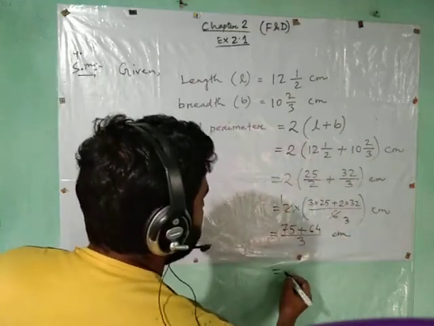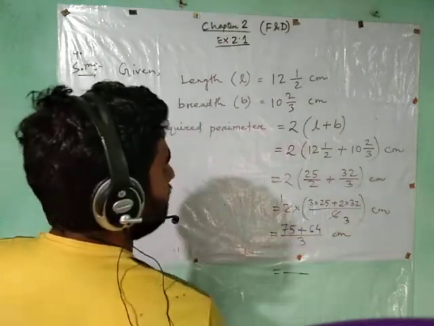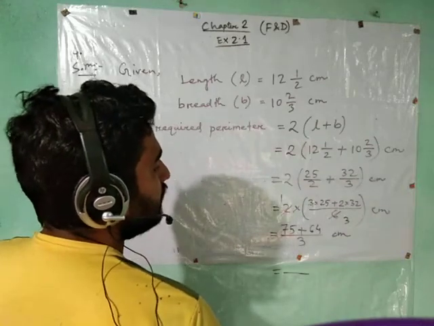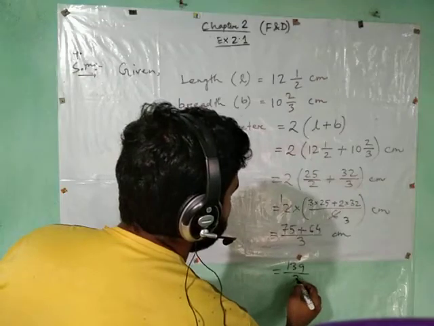Now what will be your answer? It is not exactly the answer yet. Now if we add them, how much will you get? 70 plus 60 is 130, 130 plus 9 is 139 by 3.